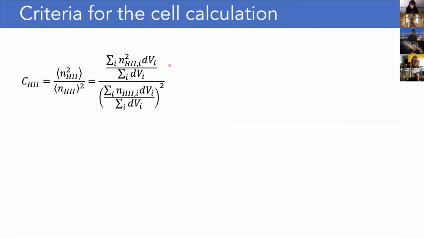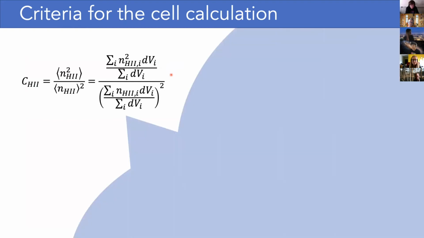When we measure the clumping factor from the simulation, we flag the gas cells in the simulation and obtain the average of the density for the flagged cells. During this calculation, there are a couple of criteria for the flag.